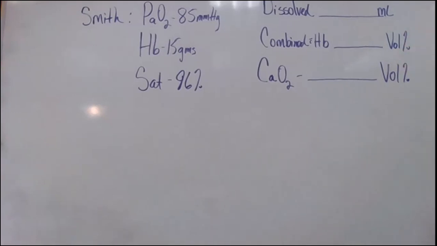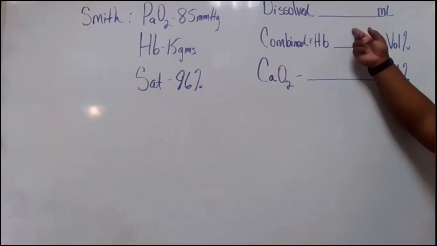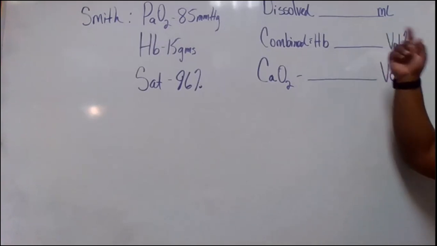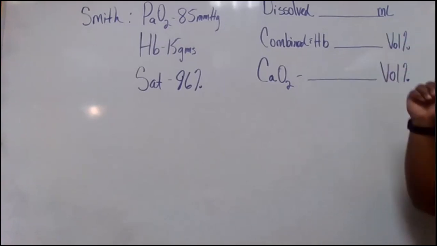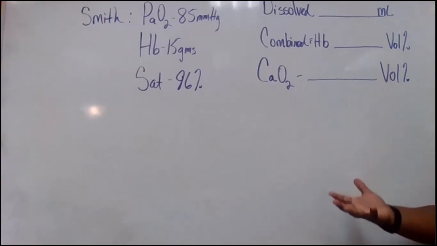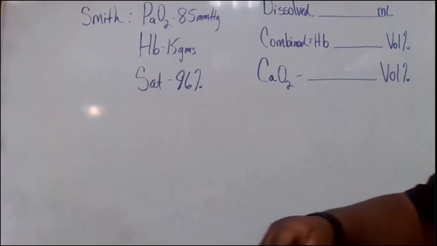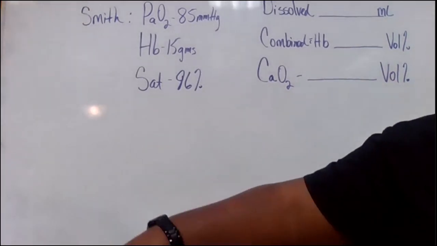If his PaO2 is 85, you got an ABG, his PaO2 was 85, you got a CBC, his hemoglobin was 15, you looked at the monitor, he's satting 96%. So how much of that oxygen is dissolved in his plasma, how much is combined to his hemoglobin, and how much is the total? All right, I'm gonna work them out too.